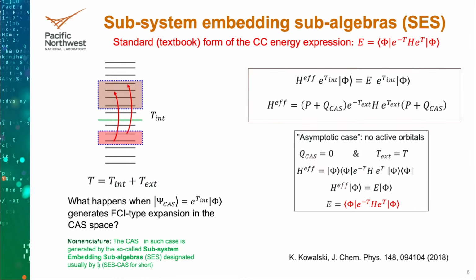If you like this formulation, you can use the asymptotic case and assume that you have 0 active orbitals.